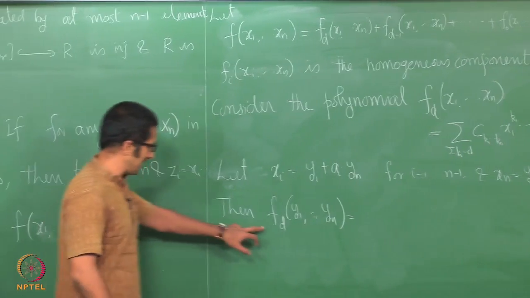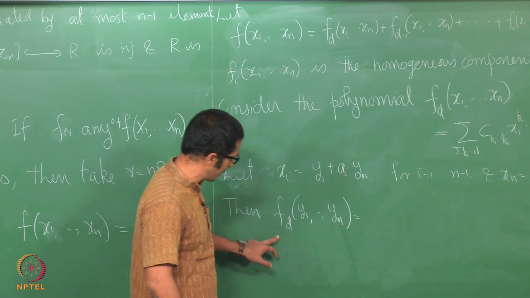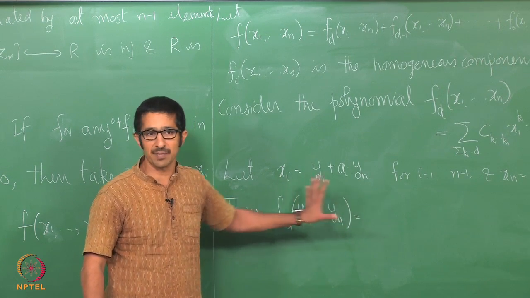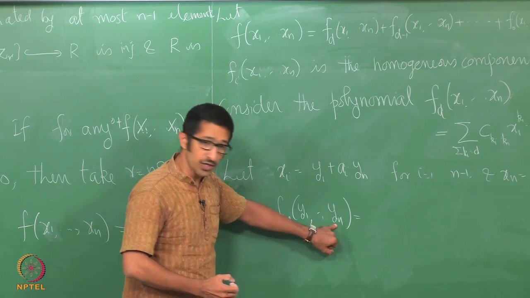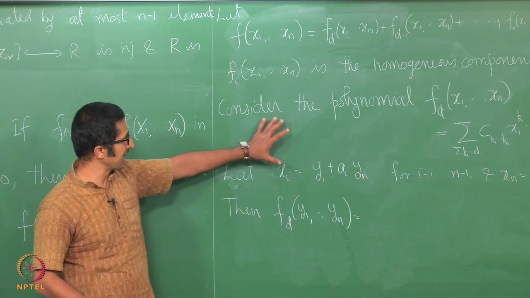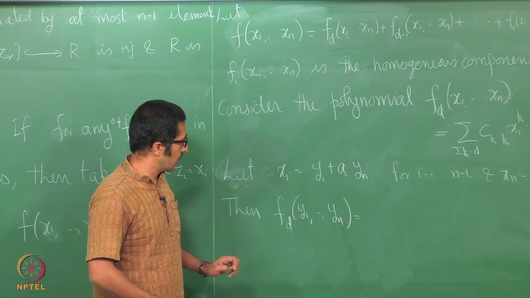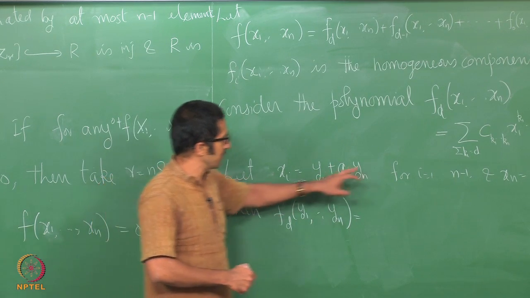Suppose I write this as a polynomial in yn with coefficients coming from y1 up to yn minus 1. What would be the highest degree?